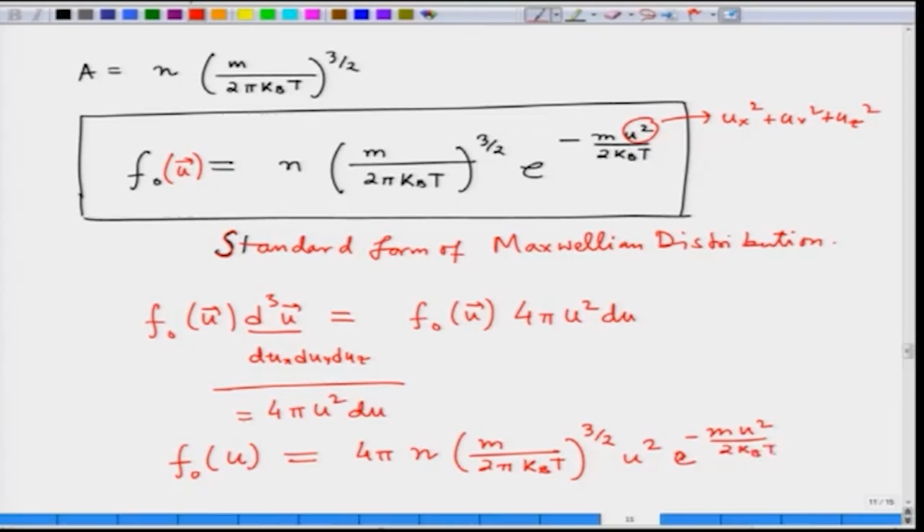So, this is the isotropic form of the Maxwellian distribution, where we are deriving a distribution function of the speed u. And what is u? U is nothing but the modulus of the vector u. So, here I end this part. In the next part we will start deriving the evolution equation of different moments of velocities. Thank you.